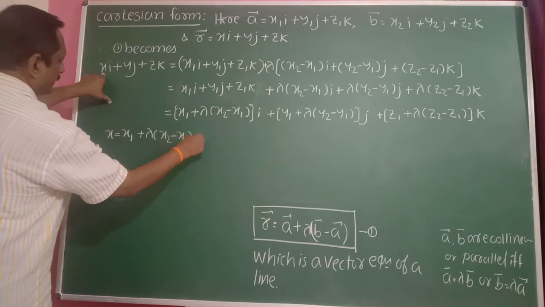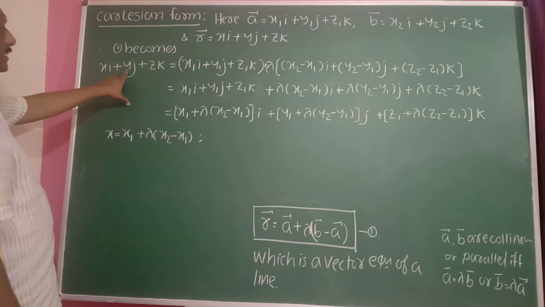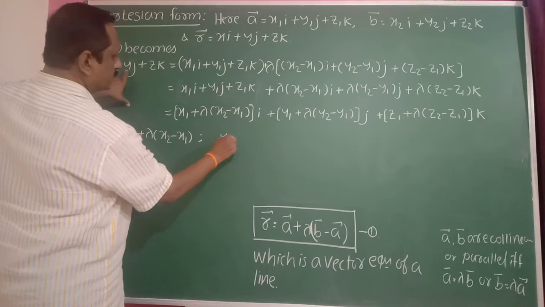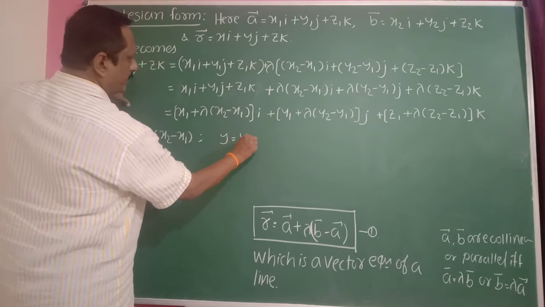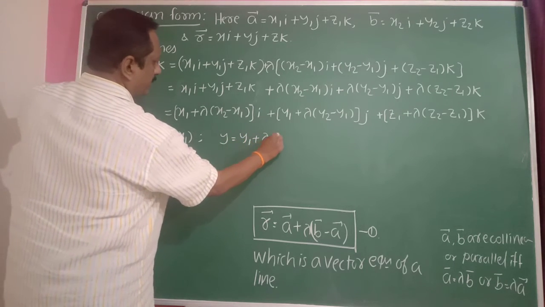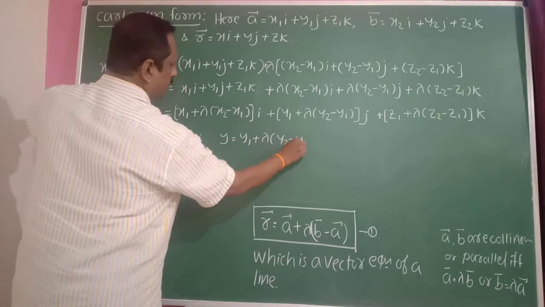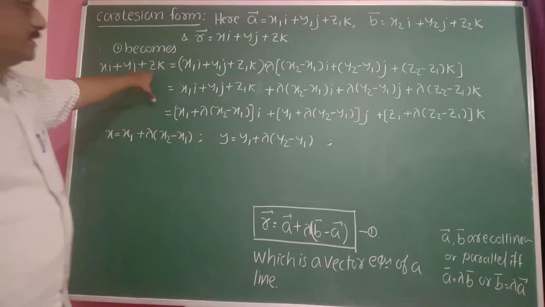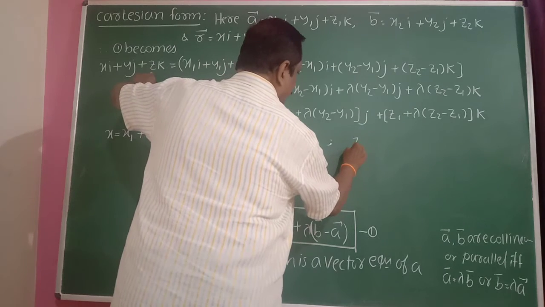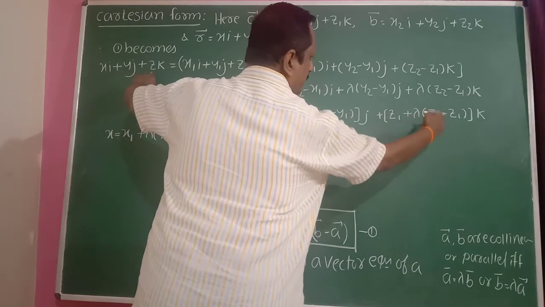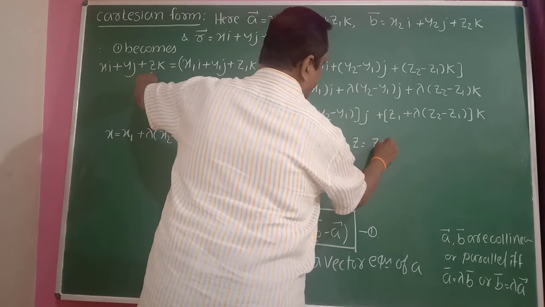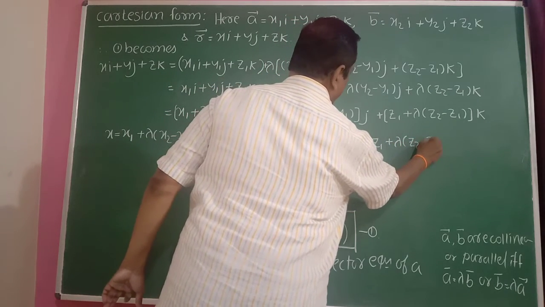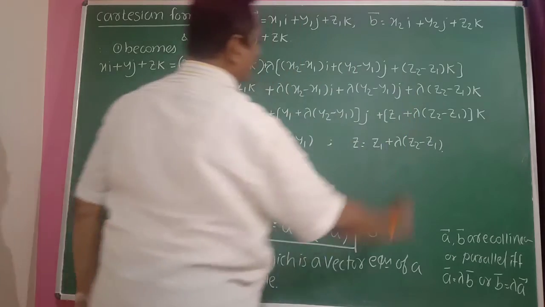Here the j coefficient is y, so y is equal to y1 + λ(y2 − y1). Here the k coefficient is z, so z is equal to z1 + λ(z2 − z1).